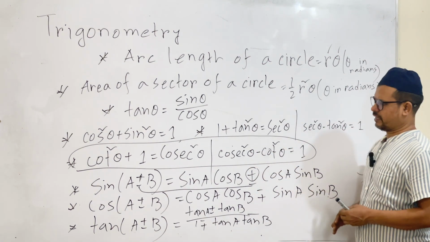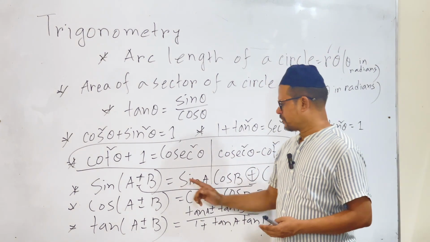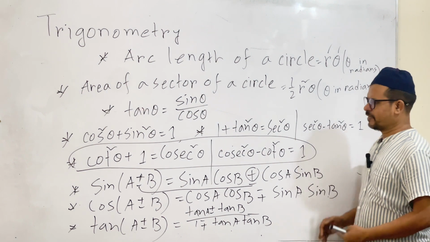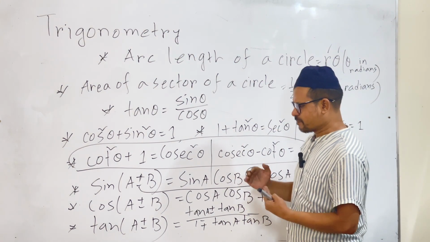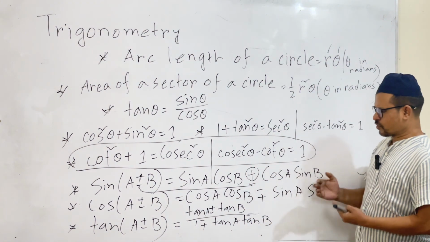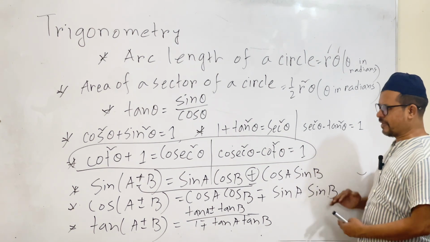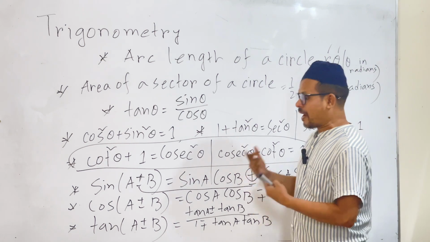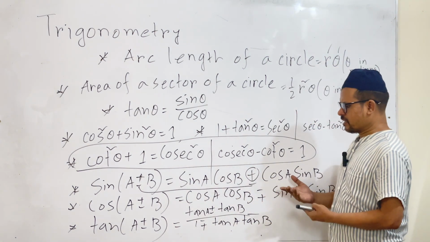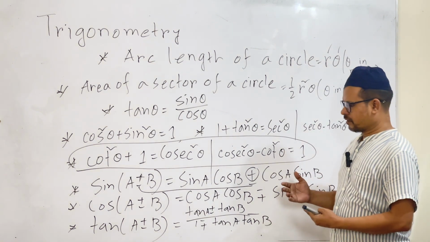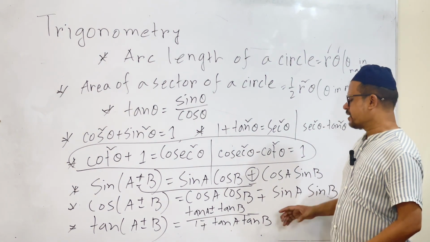Then sin(A ± B) equals sin A cos B ± cos A sin B, cos(A ± B) equals cos A cos B ∓ sin A sin B, and tan(A ± B) equals (tan A ± tan B) by (1 ∓ tan A tan B).